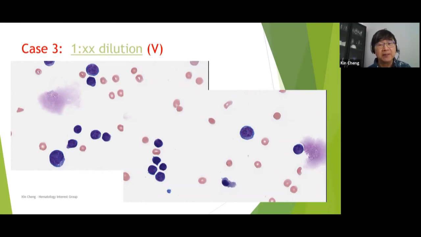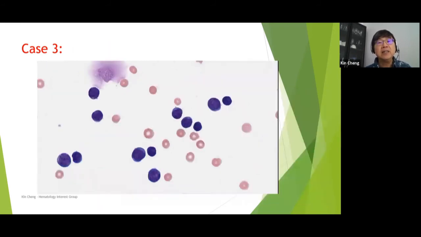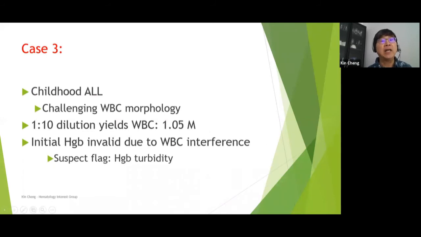The lymphocytes, in this case lots of them look normal, but they don't actually have a lot of cytoplasm, and some of them definitely look abnormal, right? This actually is a case of childhood ALL, acute lymphoblastic leukemia. It's challenging white cell morphology, because for those of you who don't deal with a lot of young pediatric samples, that's not easy to deal with.